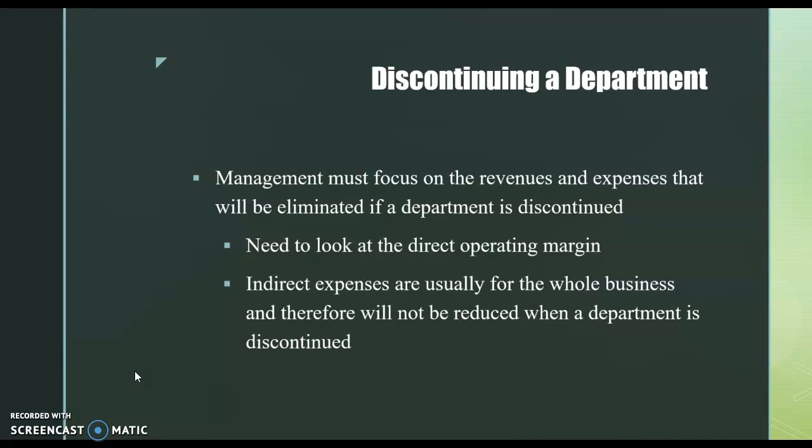Okay, so we're going to go on to a different topic, and this is discontinuing a department. Sometimes we have multiple departments, and one department is just not pulling its weight or even has operating losses in it. So management needs to determine on paper if we really need to discontinue this department.